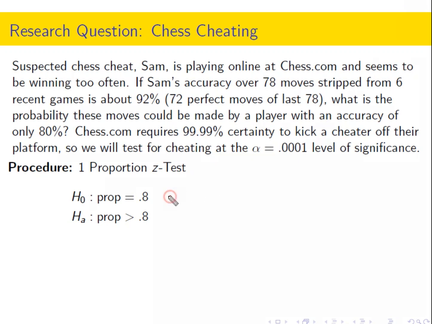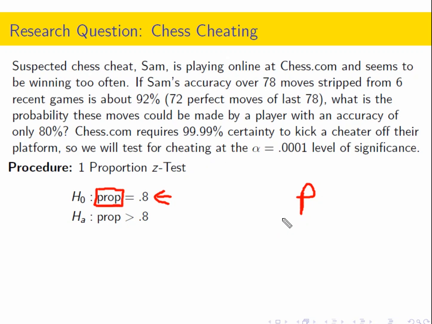The null hypothesis we said was, hey, suppose that the proportion that Sam is playing at, his accuracy level, is 80%. Suppose that's true. And by the way, I'll just mention something about this variable right now. What we'd like to do is use P. The problem is that at the end of every hypothesis test, we get a p-value, which is the probability that the null is true.